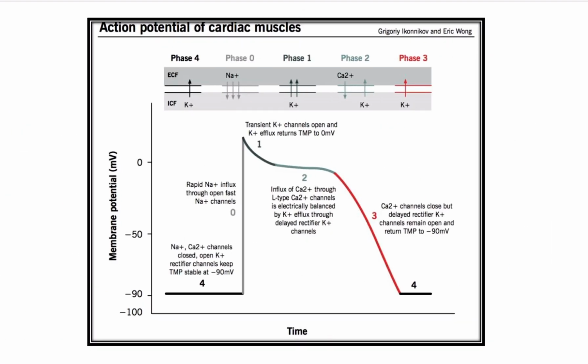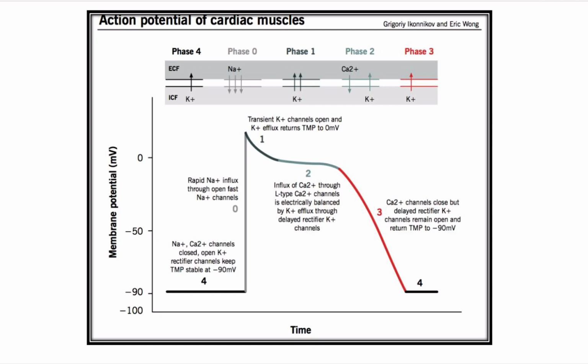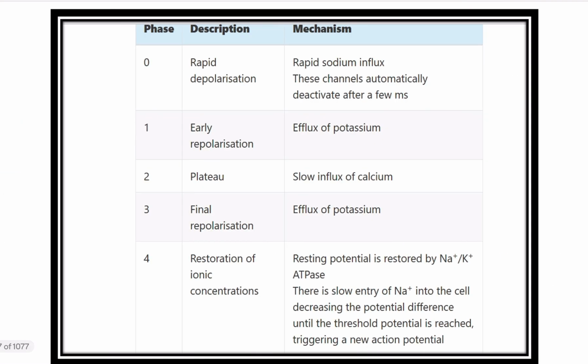Now see this figure also. First of all, see the rapid depolarization phase. It occurs due to sodium influx. At the first time, it was in the negative state, then what occurs?